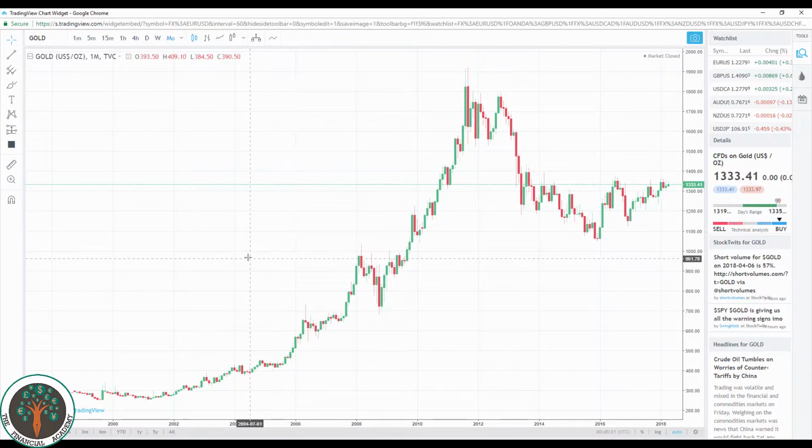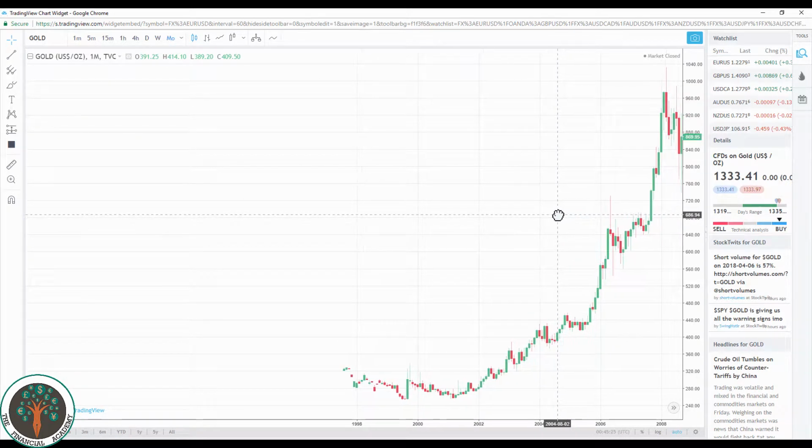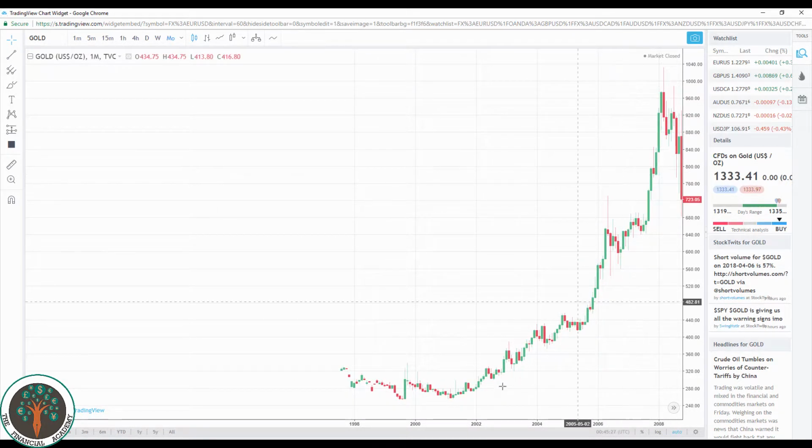Now I'd like you to see this image. Putting the chart back to this condition, you can see that we're talking about a large uptrend movement, meaning that the confidence in gold was enormous. So it's not considered to be the safe haven of traders all of a sudden. Back then, looking at this image, it's indeed showing good potential to invest when all the other markets are expressing weakness.